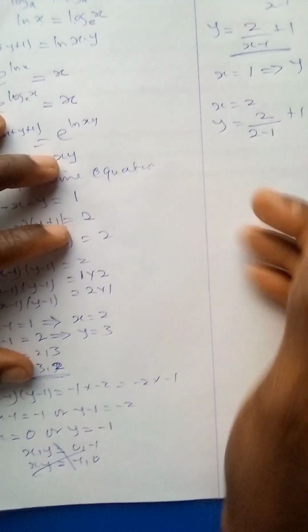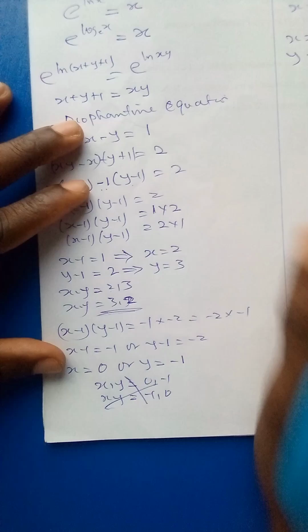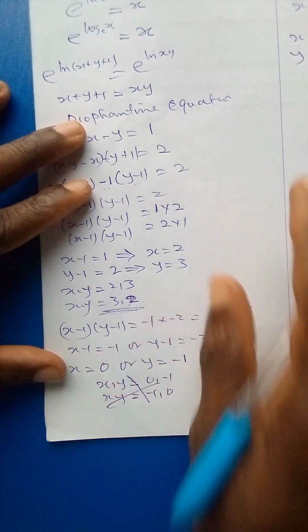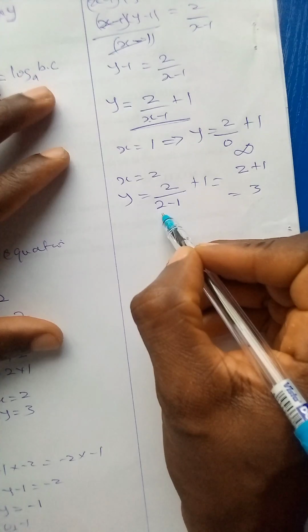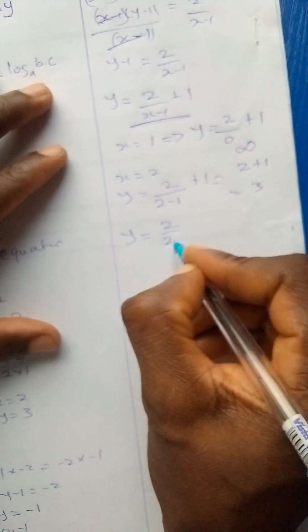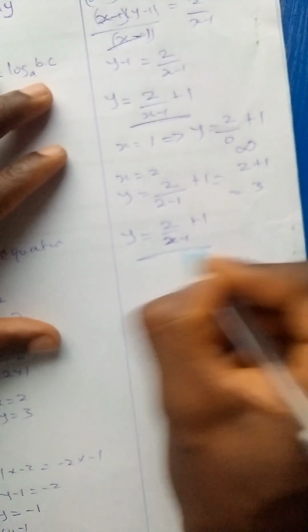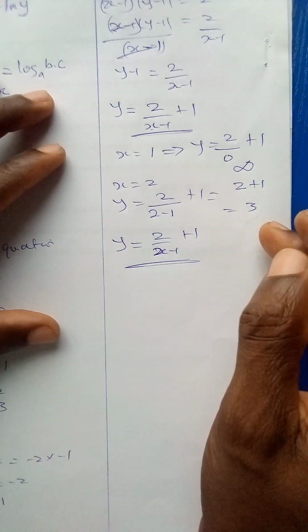Let's remember that we have 2, 3 or 3, 2 as the value of x, y. Therefore, we will keep on increasing the value of x, and in each case, we'll find the value of y. So y = 2/(x - 1) + 1 becomes the result for the real solutions.